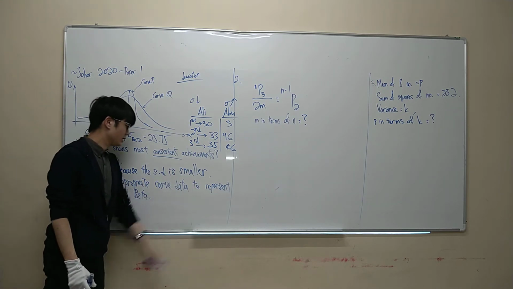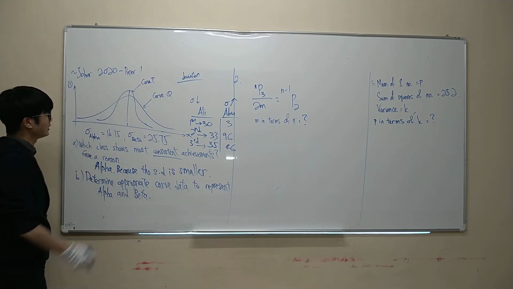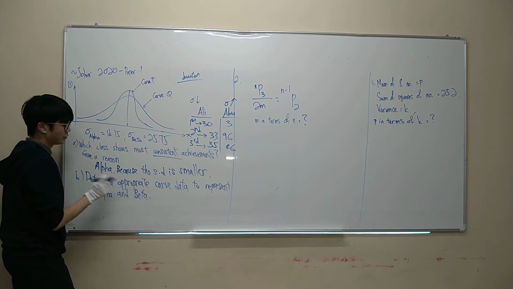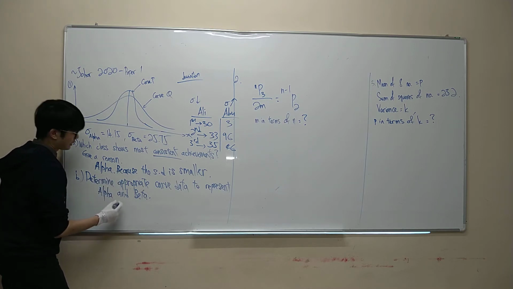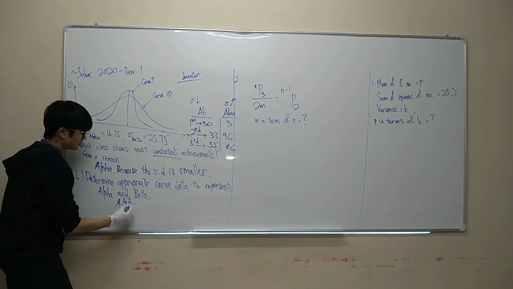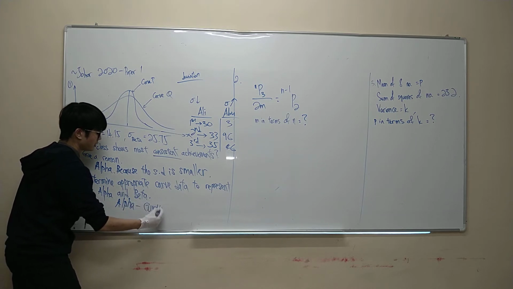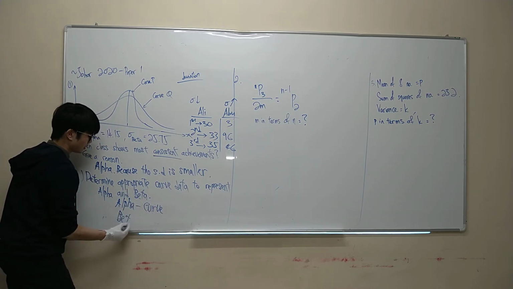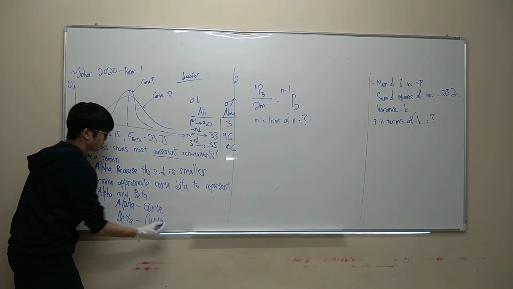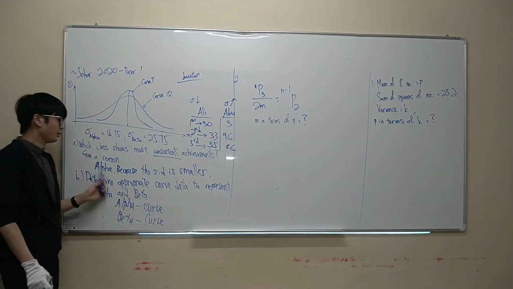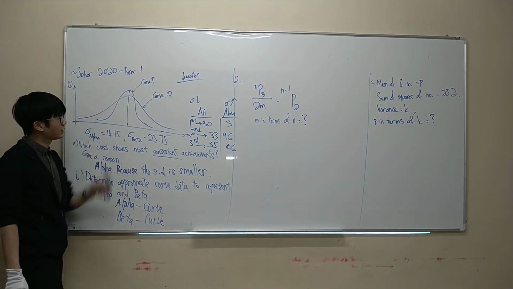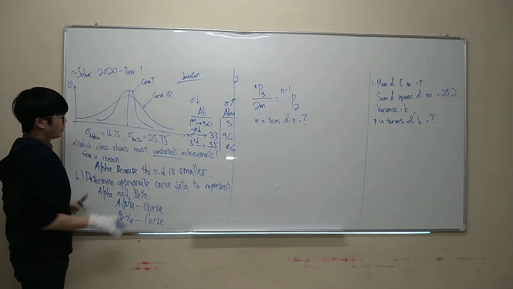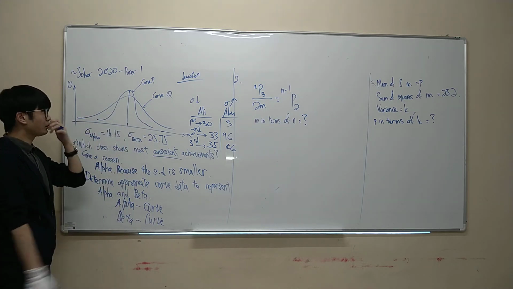Determine appropriate curve data to represent alpha and beta. Which curve will be alpha, which curve will be beta? First of all, I can write down alpha is curve something, and beta is curve something. You know that alpha is the more consistent one. So the wider one will be more consistent, or the narrow one?